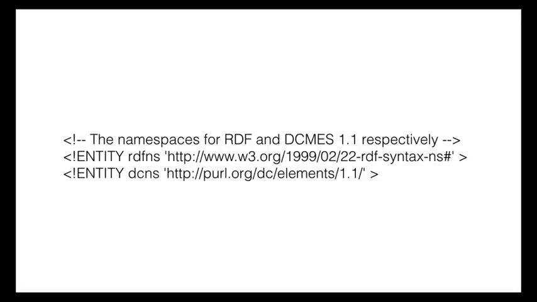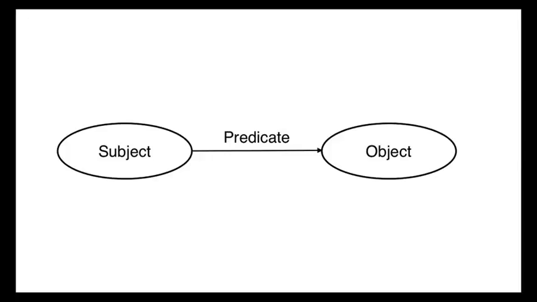Usually, in a DTD, there is a section that refers to one or more namespaces. And in a namespace, you've got a set of declarations for a set of entities. And namespaces and DTDs are written in RDF. RDF is written in XML.